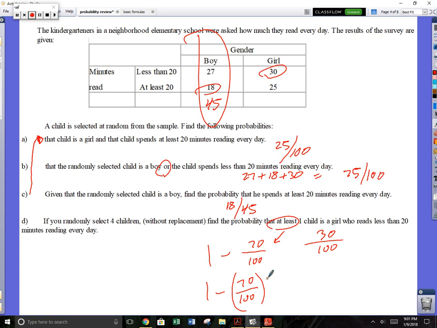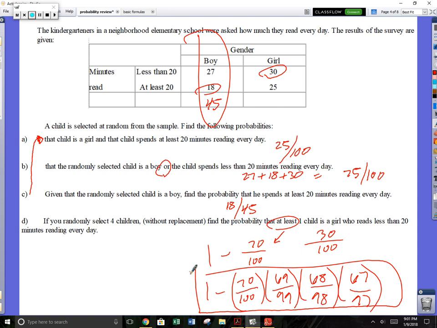That's my first event, but then I keep that kid out, so now I only have 69 out of 99. Then for my third selection, there's only 68 winners out of 98 kids left. Then there's 67 out of 97 left, and that will tell me what I need to know.